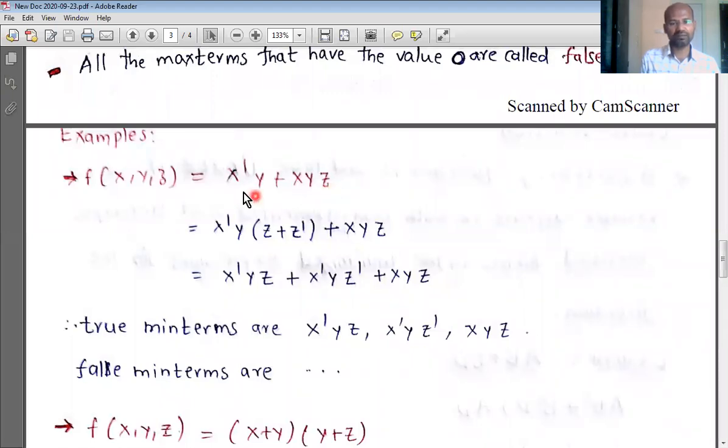And we can convert a non-minterm into a minterm.